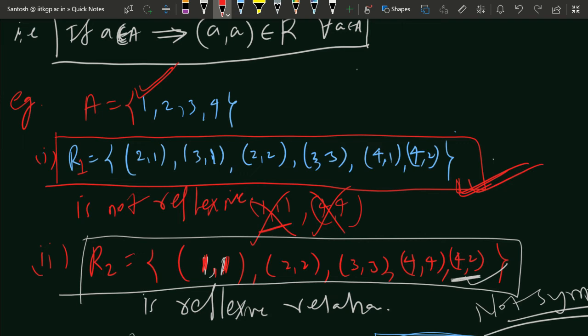Okay, so you can respond that you are not able to check. What is the problem? You can tell me, why are you not able to answer?